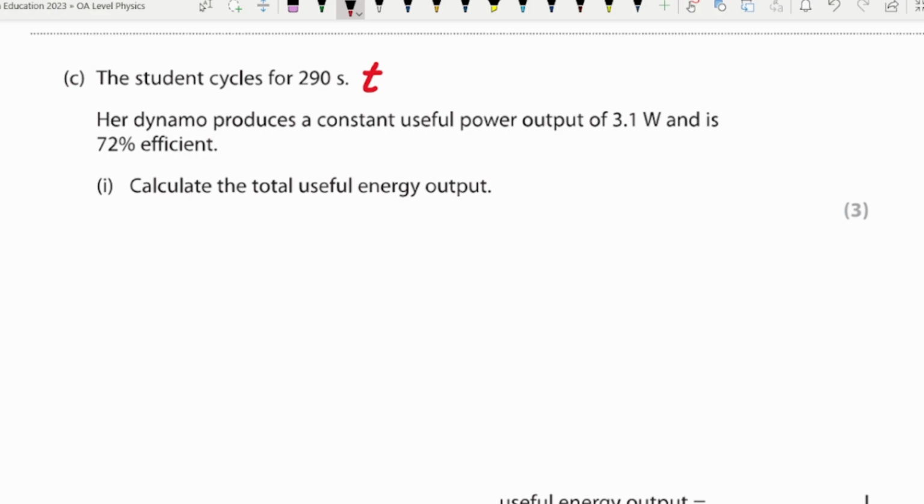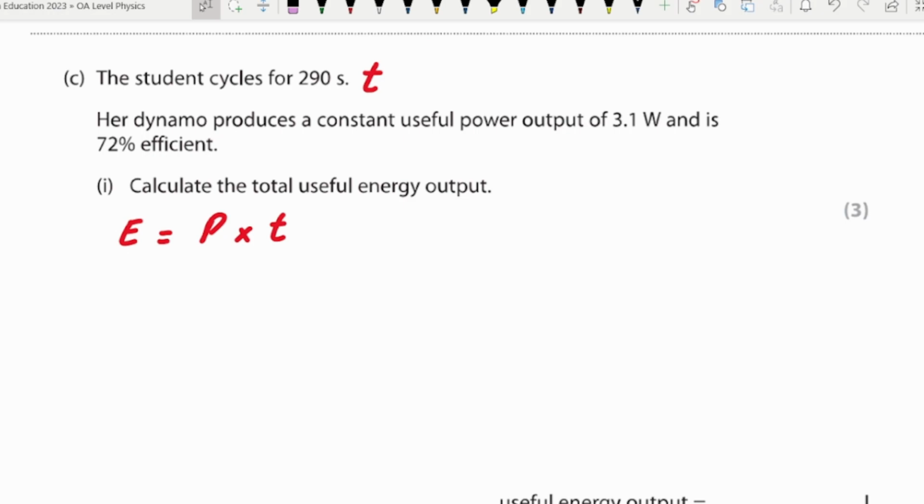So what we need to find is calculate the useful energy output. So first of all, you should realize the formula for energy is power times time, P into T. Energy equals PT.